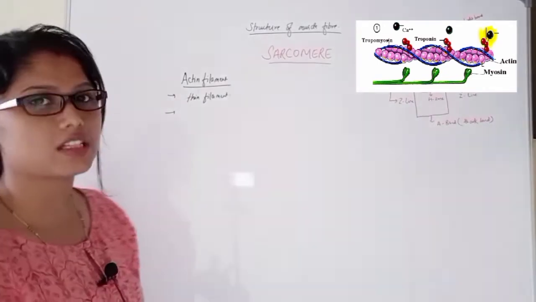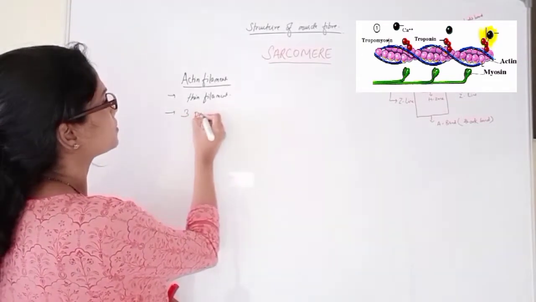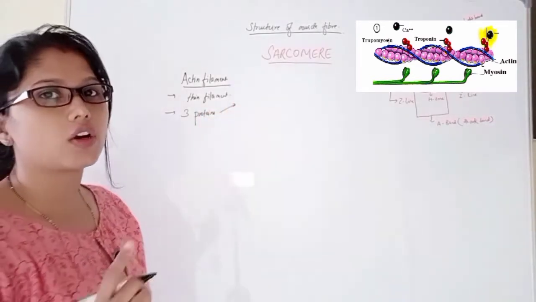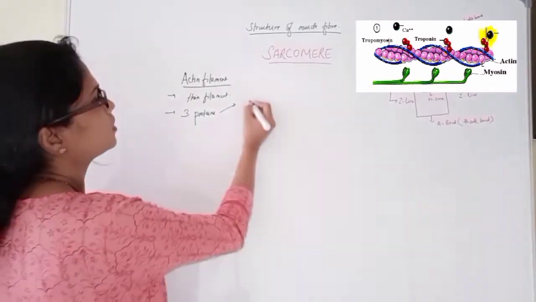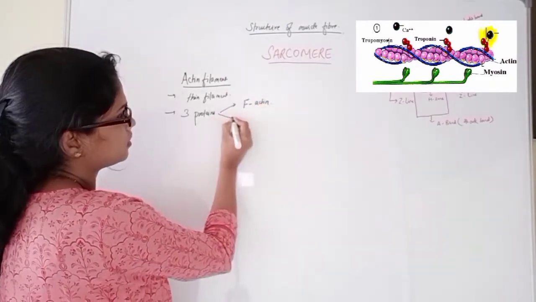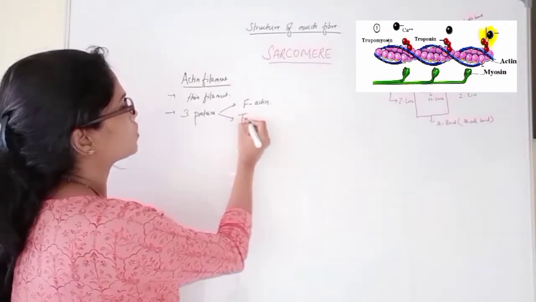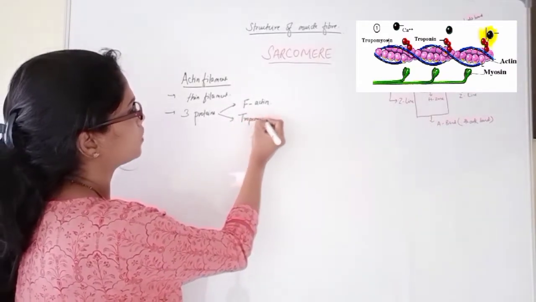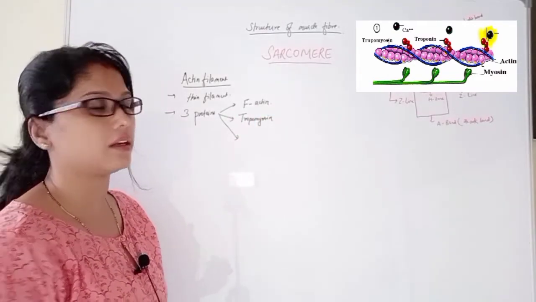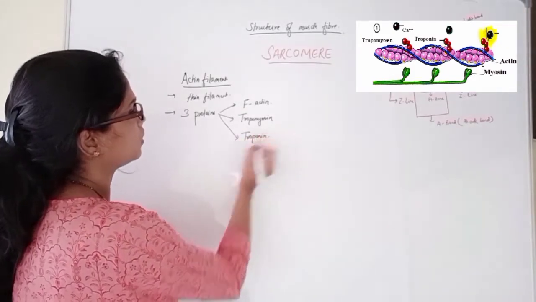So the actin filament consists of mainly three proteins. They are, first, F-actin, second, tropomyosin, and the third one is troponin.